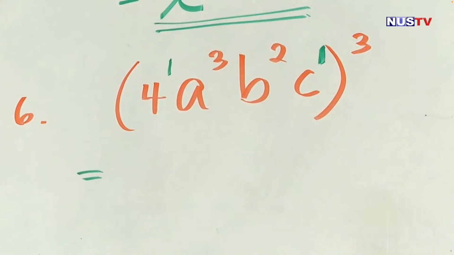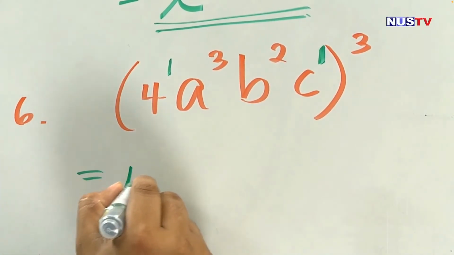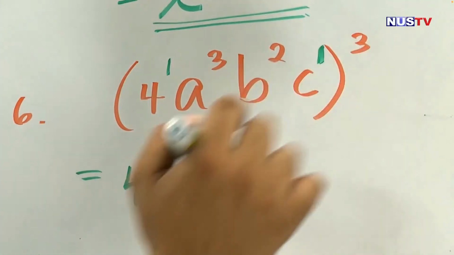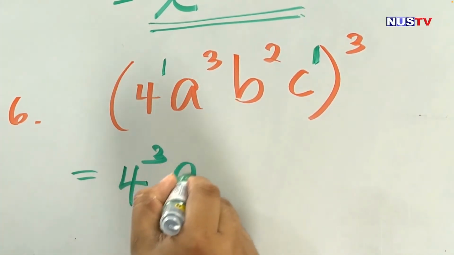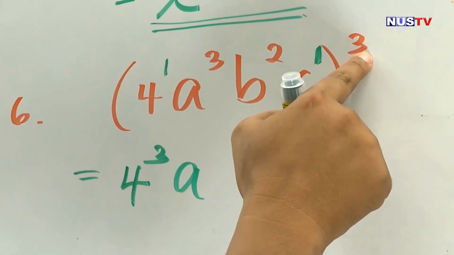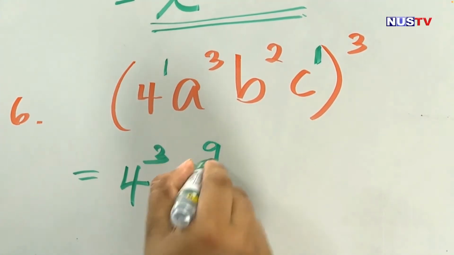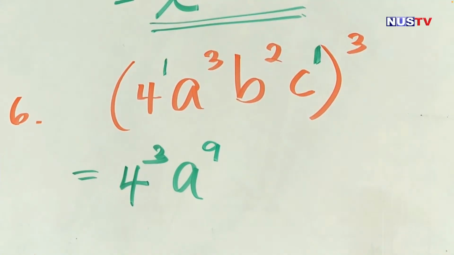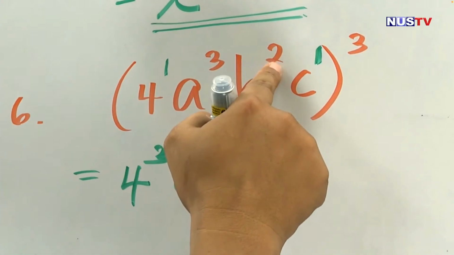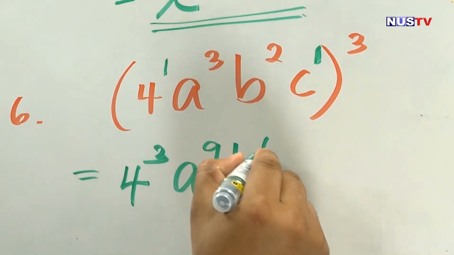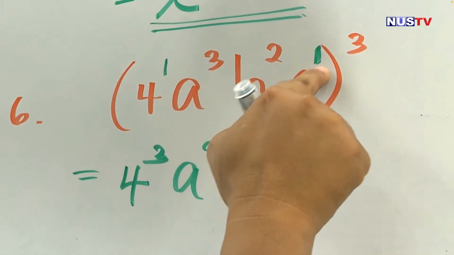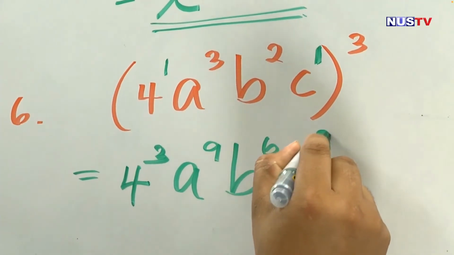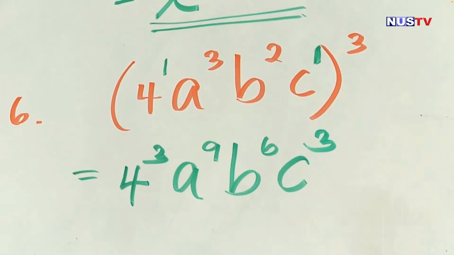So this is 4 to the power of 1 times 3, the answer is 3. A to the power of 3 times 3 is equal to 9. Remember, we are multiplying the powers, not adding the powers. So b to the power of 2 times 3 is equal to 6, and c to the power of 1 times 3, the answer will be 3.